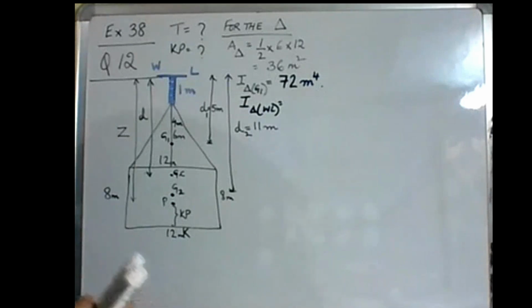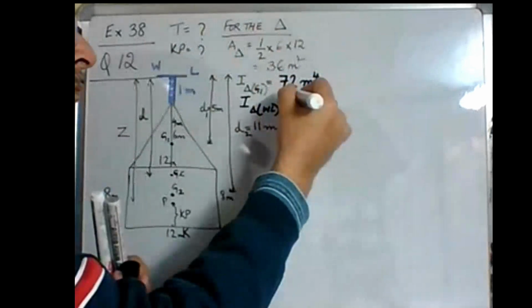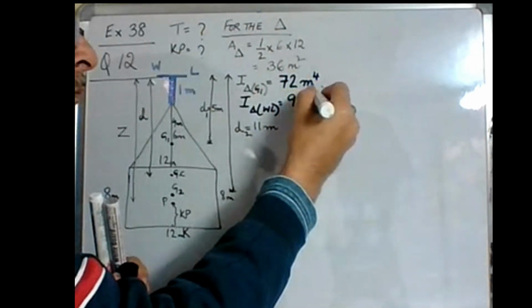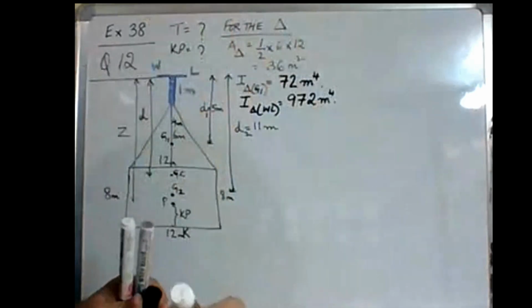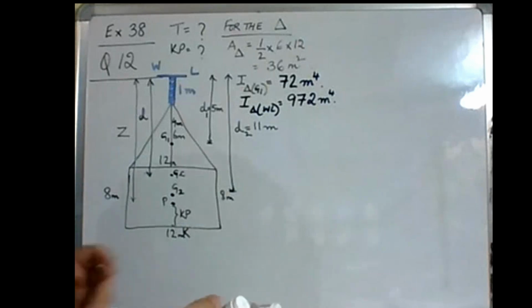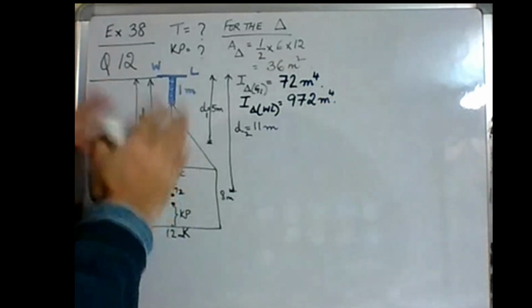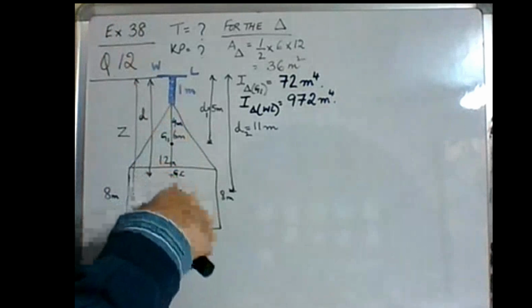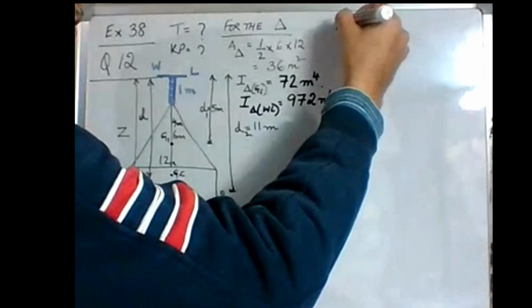And how much? 972. सबका सेम आ रहा है? Is everybody okay on this? All right. So हमने एक ट्रायंगल का काम खत्म कर लिया है. अब मैं आ रहा हूं रेक्टेंगल पे.